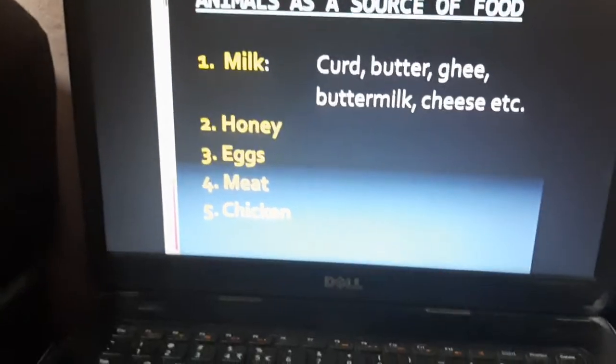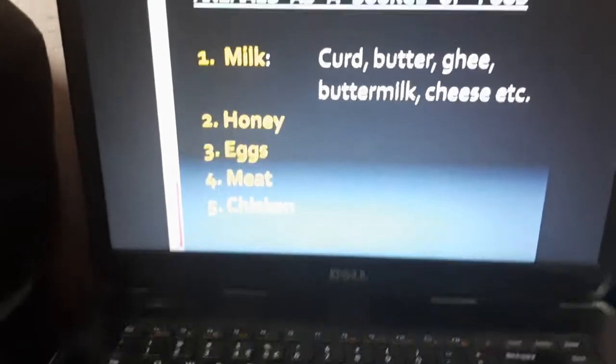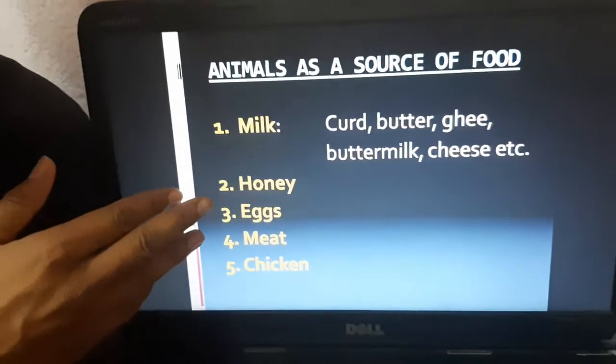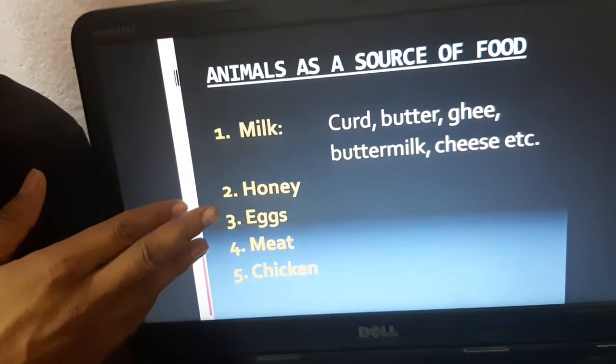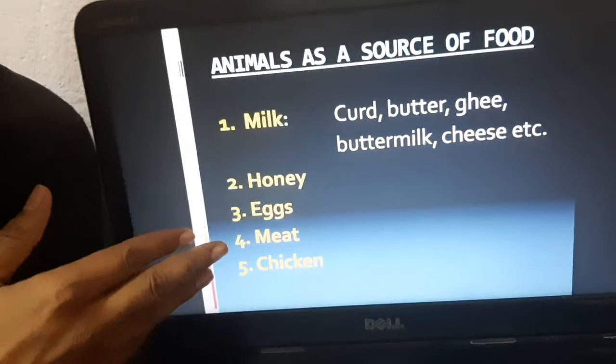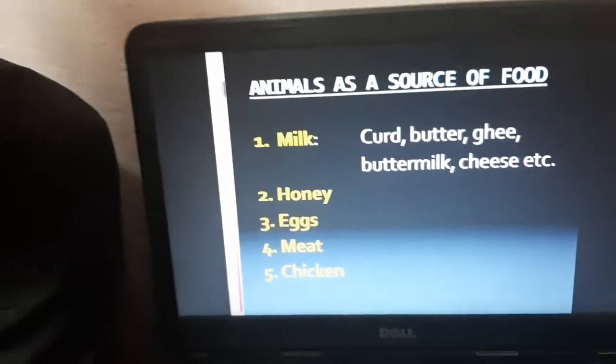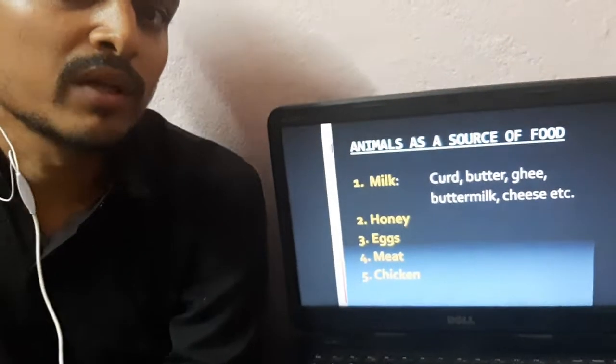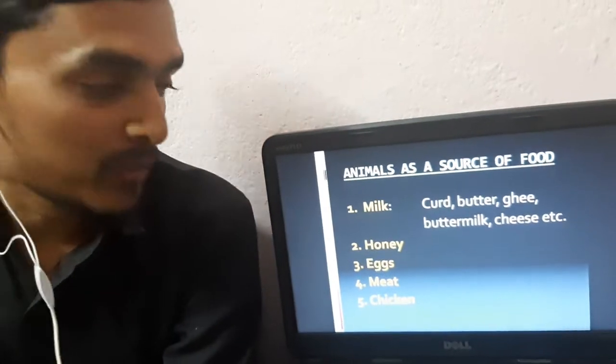Honey is also a food material, and it is the best for our health too. Eggs, meat, chicken, these are also materials we can obtain from animals.